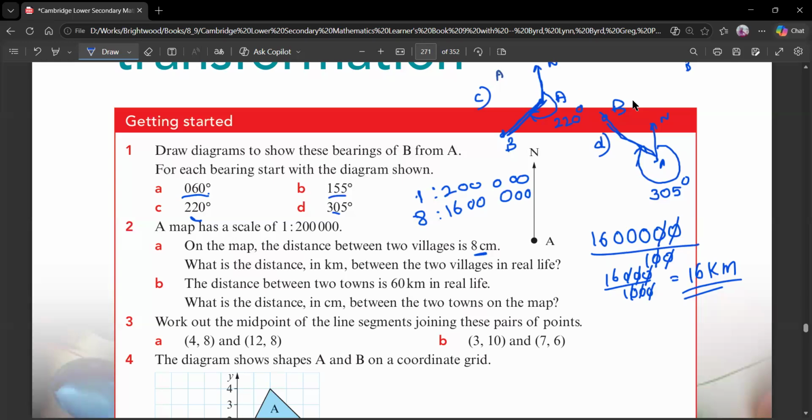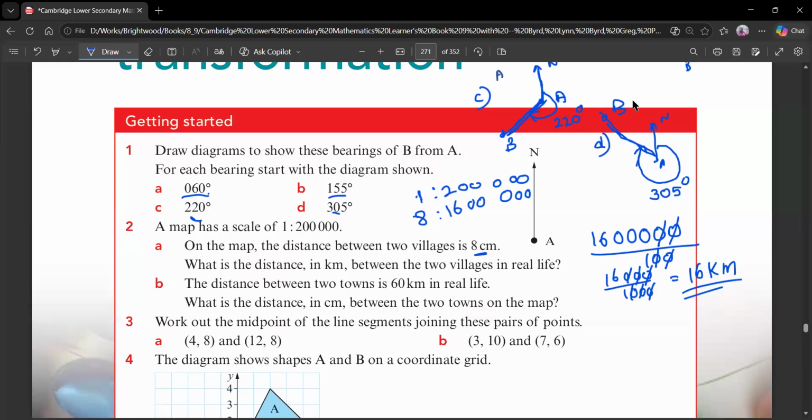If you consider 8, it is 1,600,000. If you divide by 100, it is 16,000. Divide by 1,000 is 16 kilometers altogether.